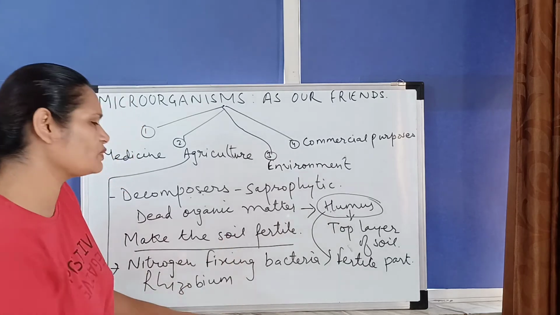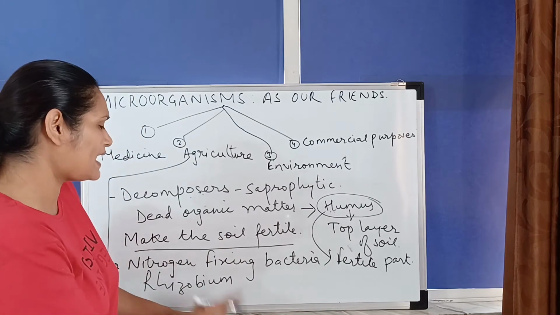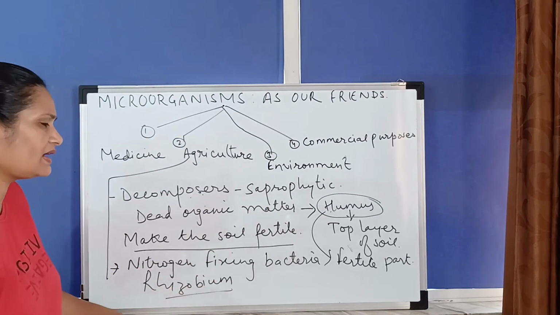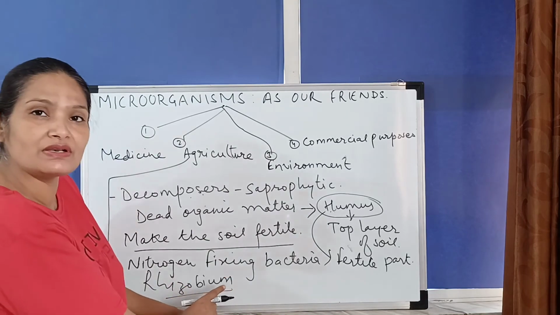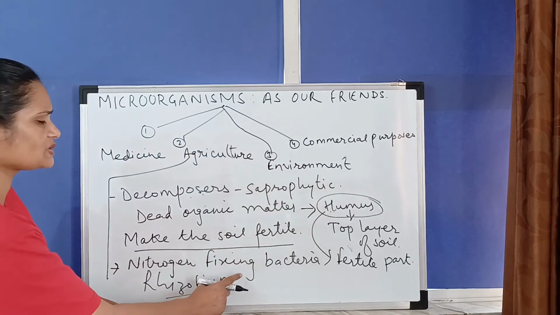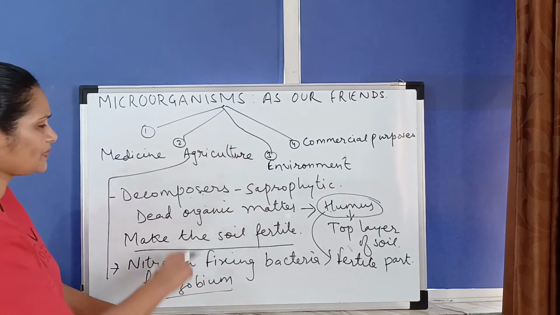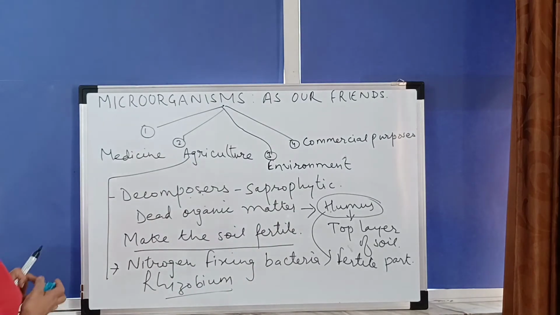So it fixes the atmospheric nitrogen and converts it into an absorbable form of nitrogen, and plants take that in, right? So this rhizobium bacteria stays in the root nodules of the leguminous plants and fixes the nitrogen, right? So this is how it makes the soil fertile, by making the soil nitrogen rich. Okay. So this is the agricultural use of the microorganisms.